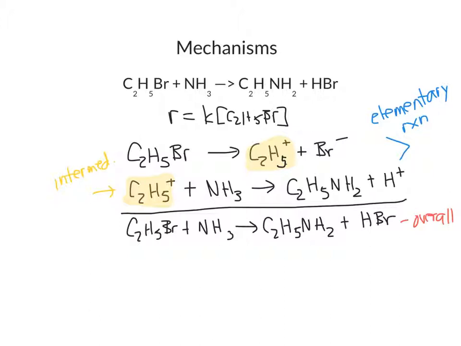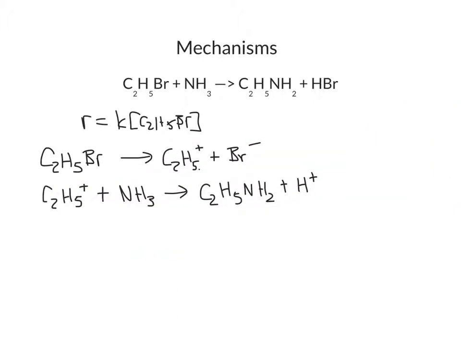But how is it that this proposal of this two-step mechanism would help to explain why the experimental rate law is only first order in C2H5Br? That's the question we want to answer at this point. We can imagine at least two possibilities for this two-step reaction.